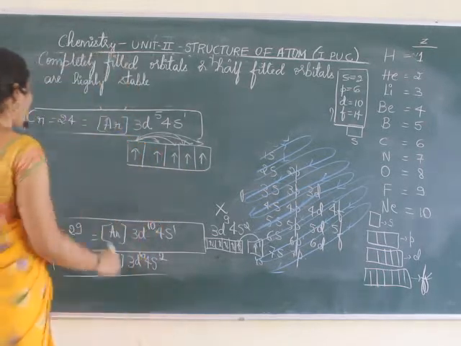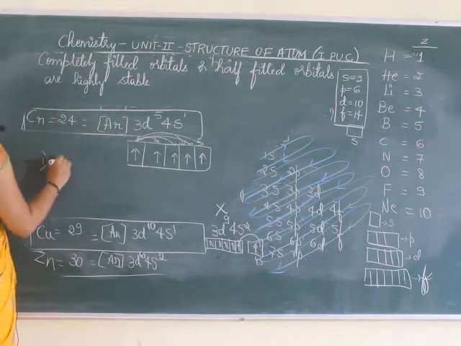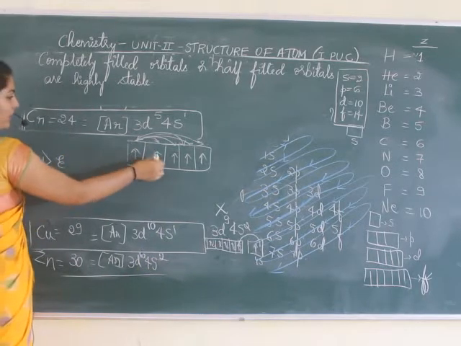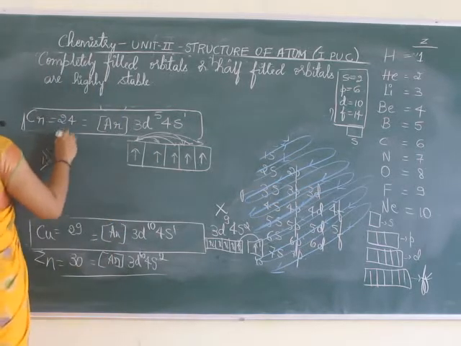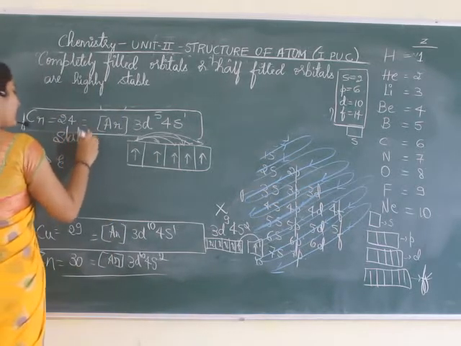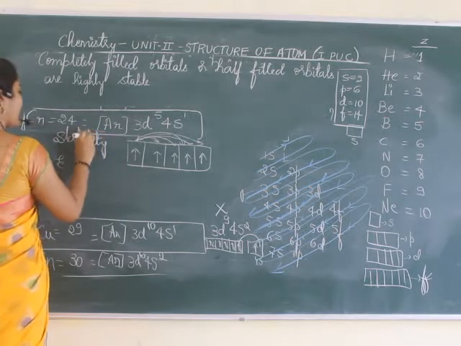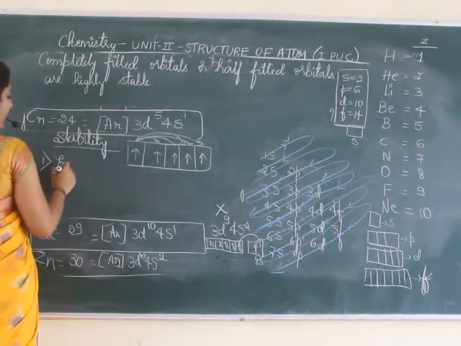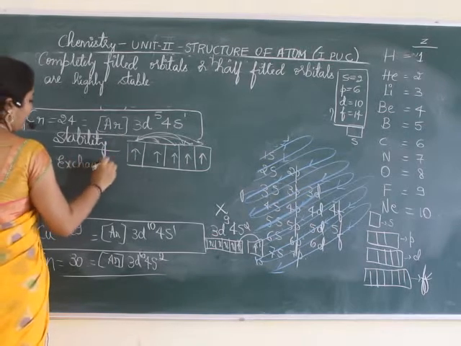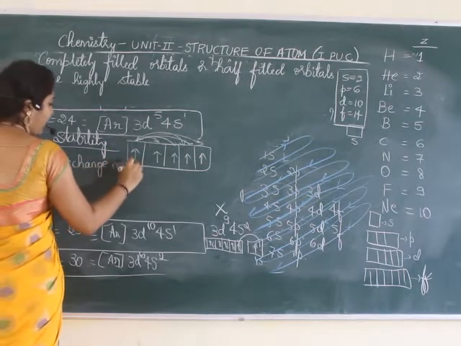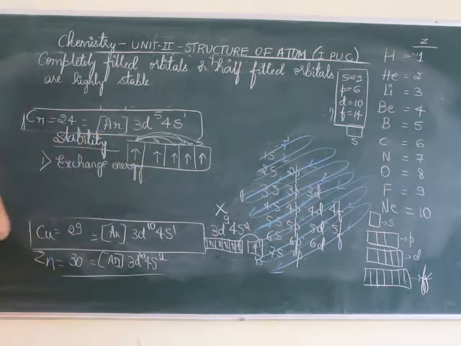So what is one factor that results in the stability? The factors that leads to stability are, one is exchange energy. When there is more exchange energy, then more will be the stability.